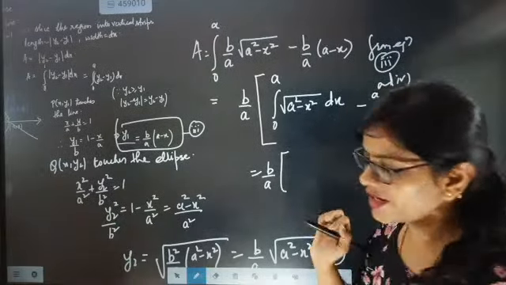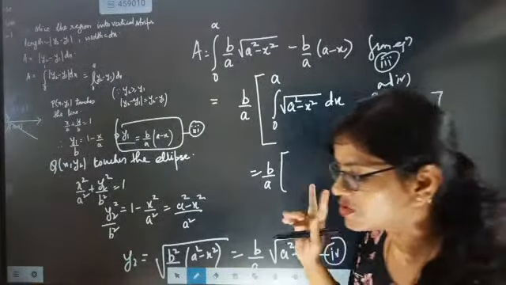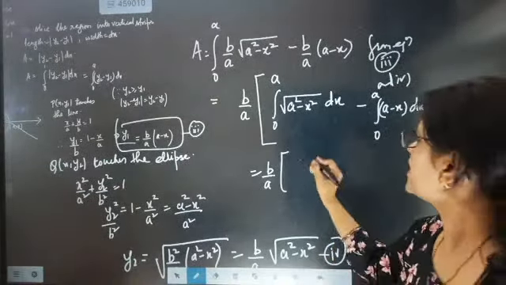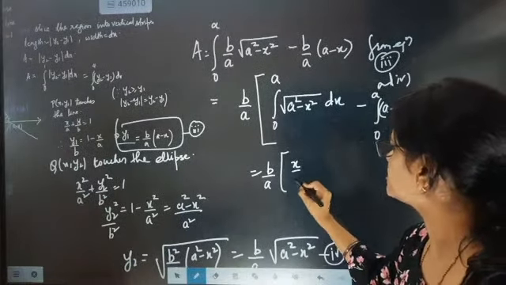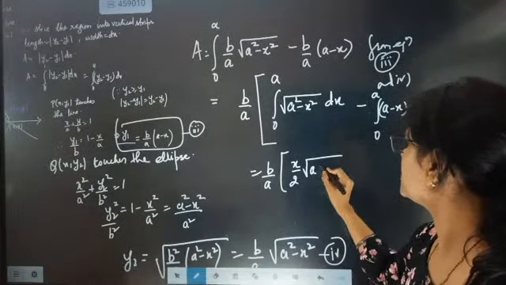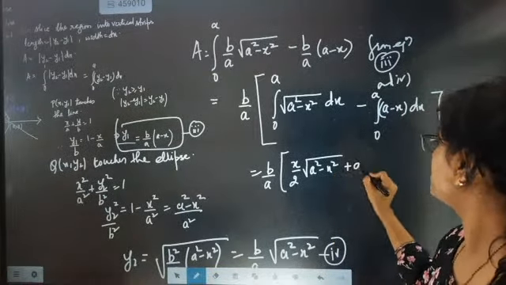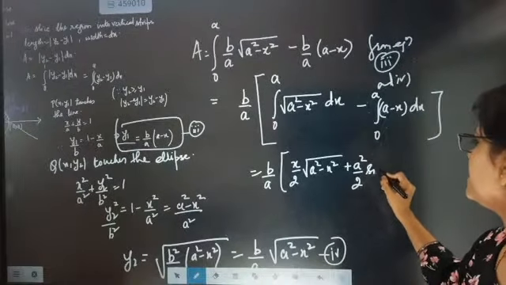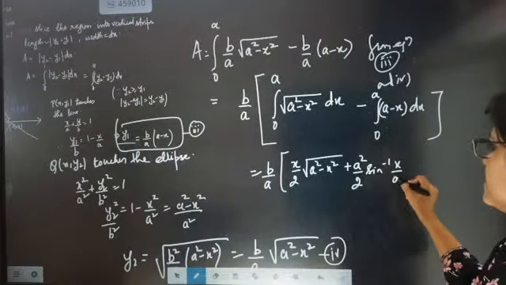So now a square minus x square, everybody knows the formula: x by 2. Just one more time I am thinking about the formula. So x by 2 root under a square minus x square plus a square by 2 sine inverse x by a. I think this is the formula.